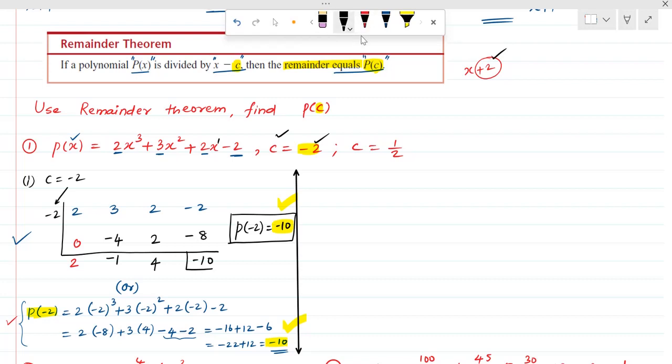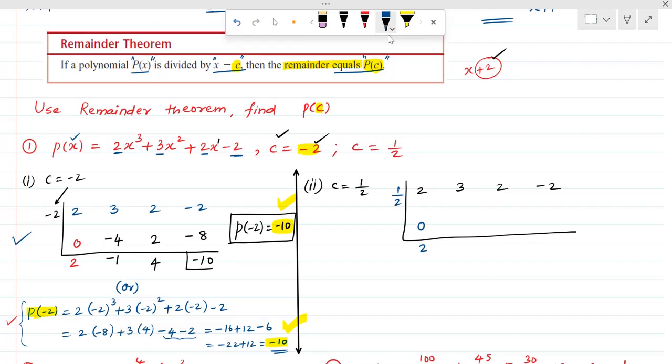Now, the next one, I will start with the half. C is equal to half. Let us start with this one here. We'll have 2, 3, 2 and minus 2. And start with the value half. The first value will be 0. Add it, it will become 2.